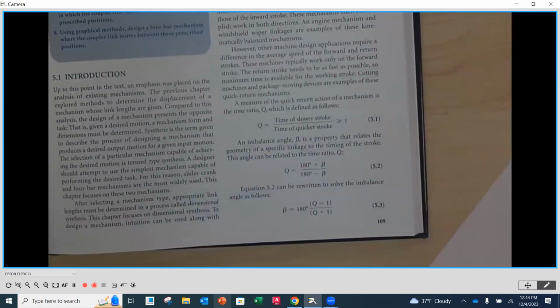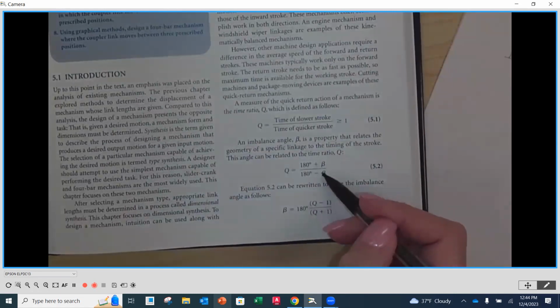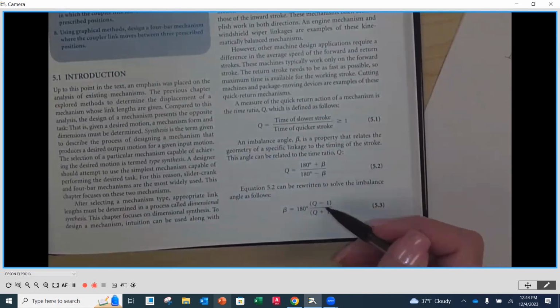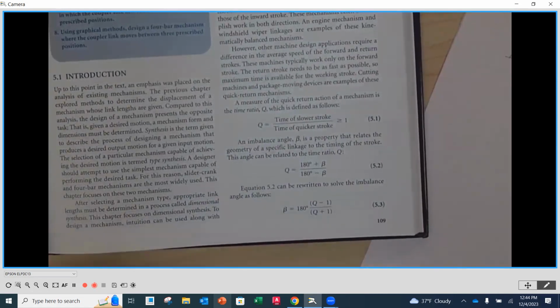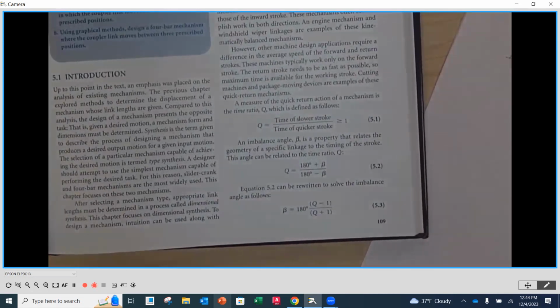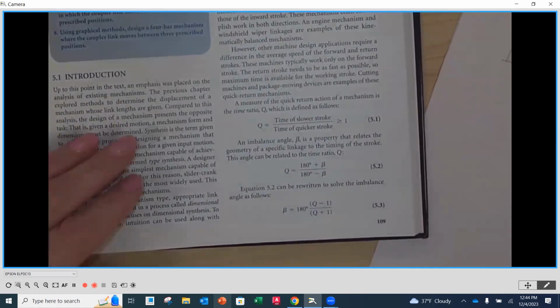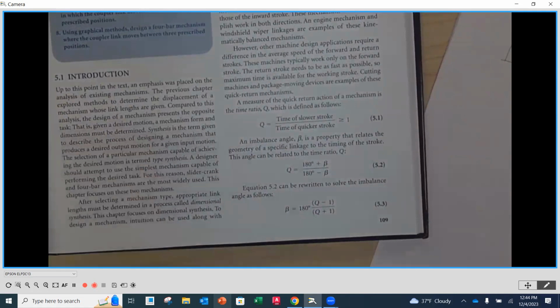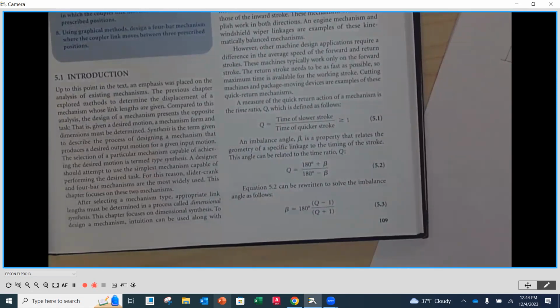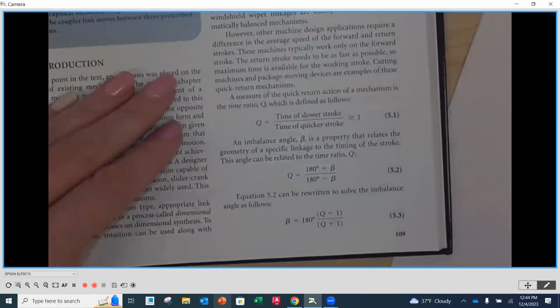Yes, exactly. That's to figure out Q if you know what your beta is. Sometimes that's given. And then this one down here to solve for beta is just a rearrangement of it. Okay, and that's the imbalance angle. Correct. Yep. Thank you. You're welcome.